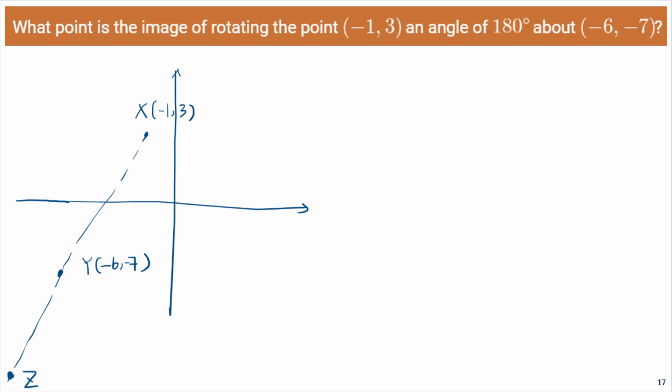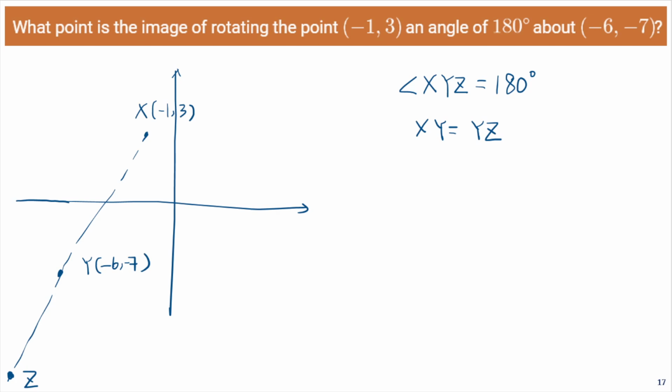Because the angle of rotation is 180 degrees, we have angle XYZ equals 180 degrees, right? So point Y is on segment XZ. Furthermore, because Z is the image of X upon rotation about Y, we have XY equals YZ. Since Y is also on segment XZ, we know that Y is the midpoint of XZ.